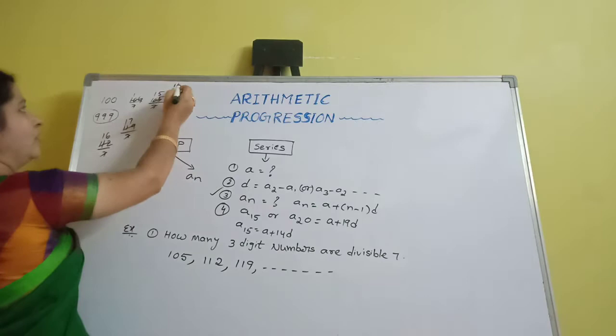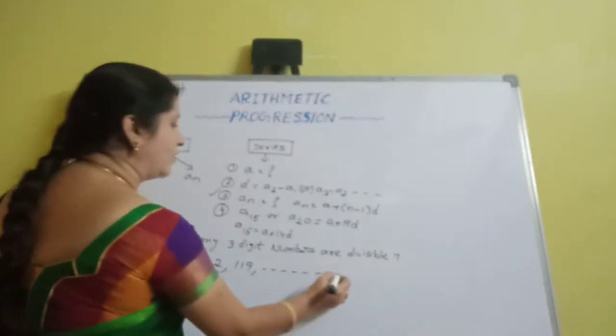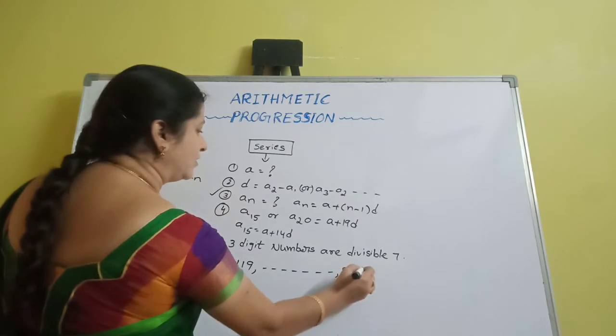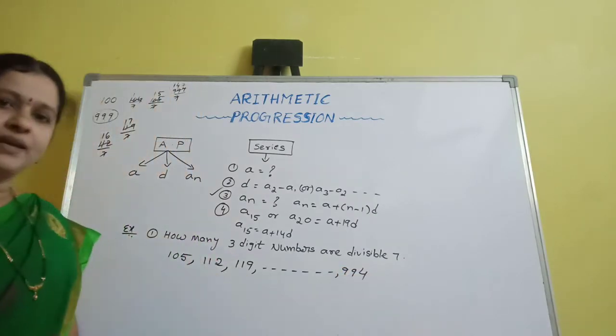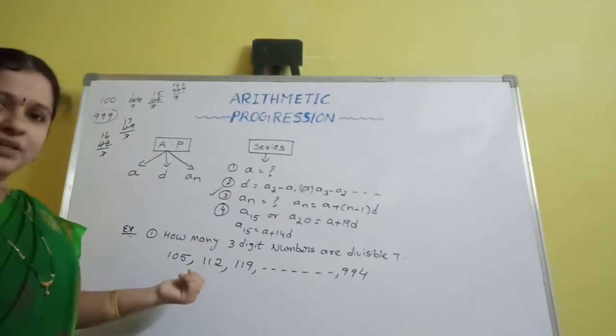So you have to take 4 here. 7 twos are 14. So 994 is the last 3-digit number divisible by 7. So this is the series of this question.